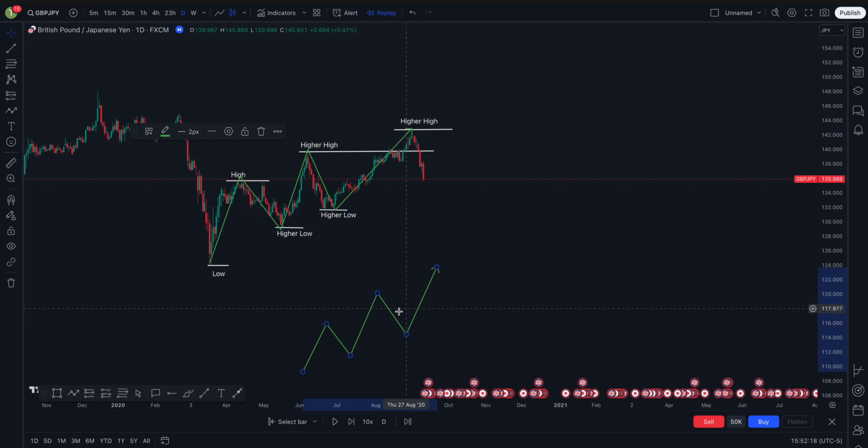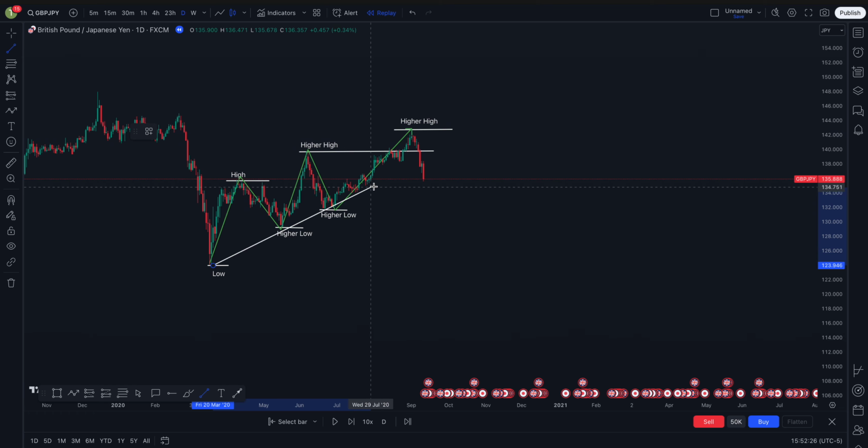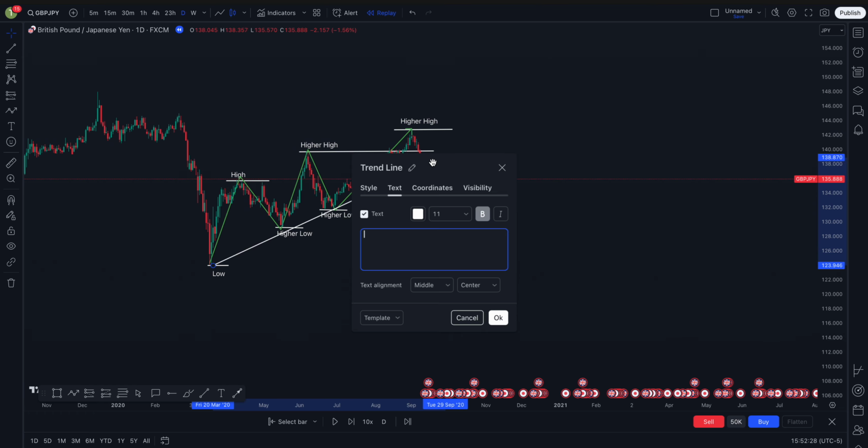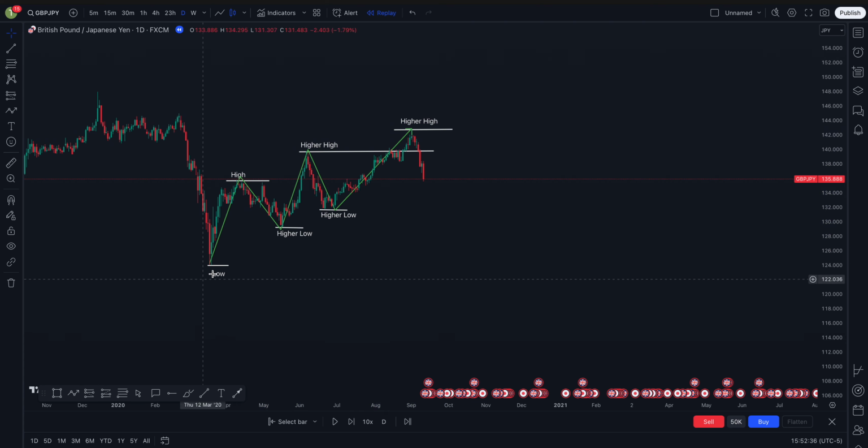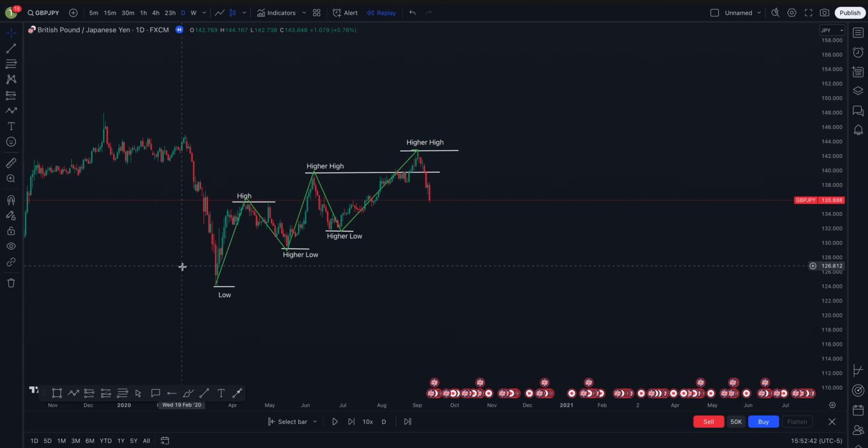This area has the market in an uptrend, and we can use a line to see that all the lows are connected. As you can see, this line is moving up. So that means this is currently in an uptrend. That is our first move, which is an uptrend.